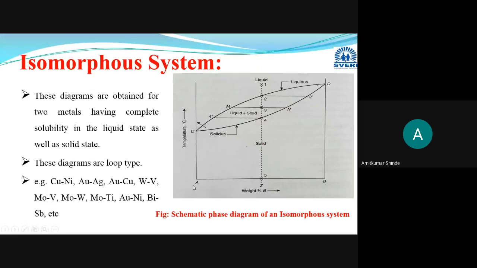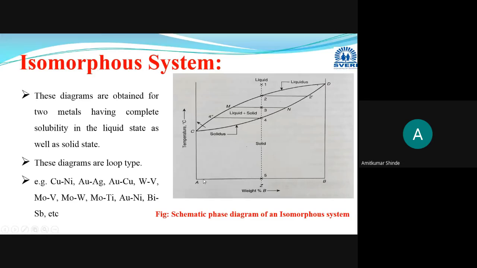Here I am highlighting point C, which is the melting point of element A, and point D is the melting point of element B. If you take the practical example of copper and nickel, point C will be the melting point of copper, and point D will be the melting point of nickel.